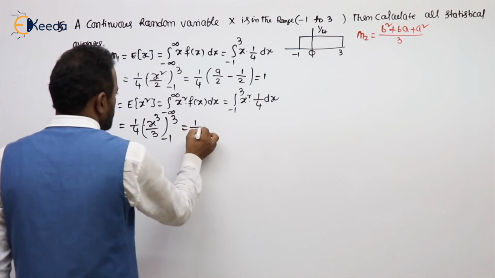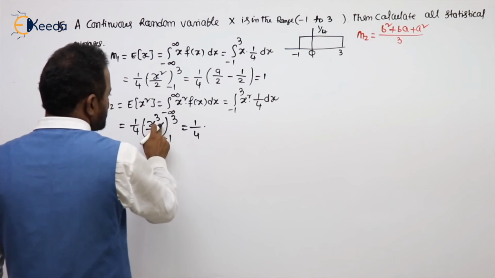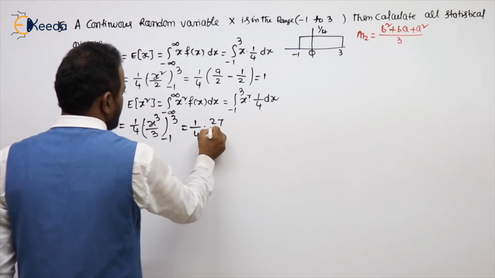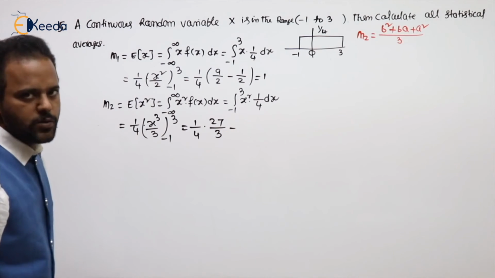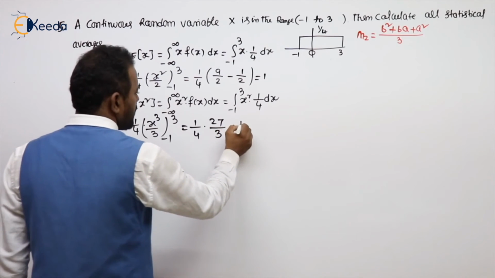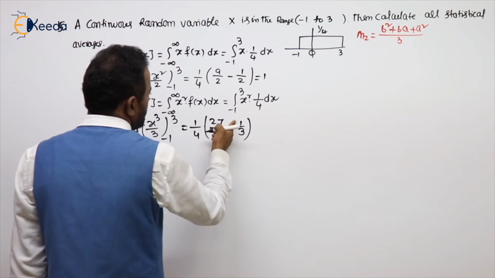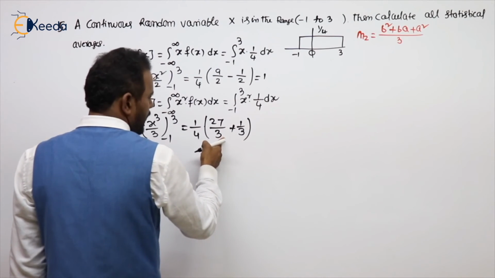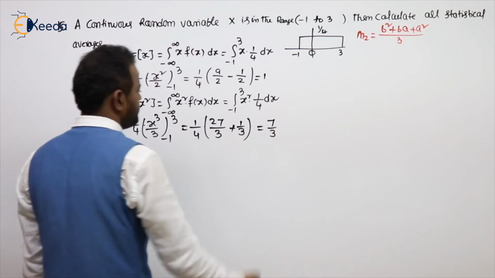Substitute the limits: 1 by 4 into 3 cube, 27 divided by 3, minus the lower limit (-1) cube, which is -1; minus becoming 1. So 1 by 3, 27 plus 1, 28 by 3. Are you getting? So 4 sevens, so 7 by 3.